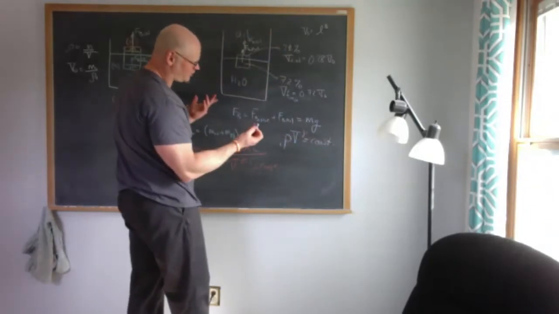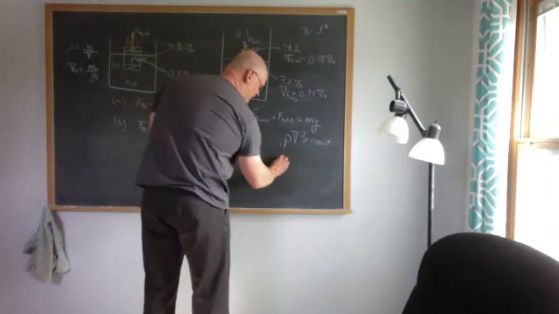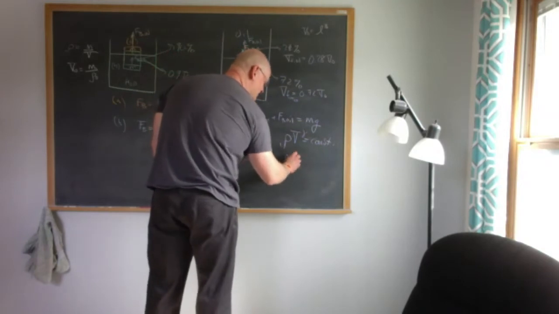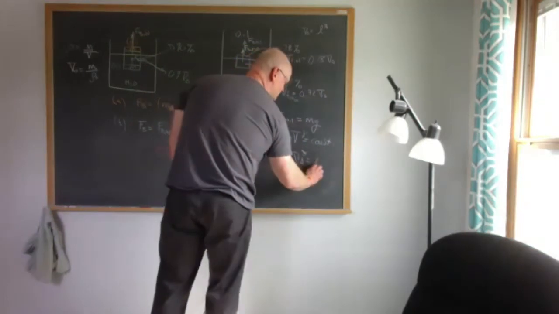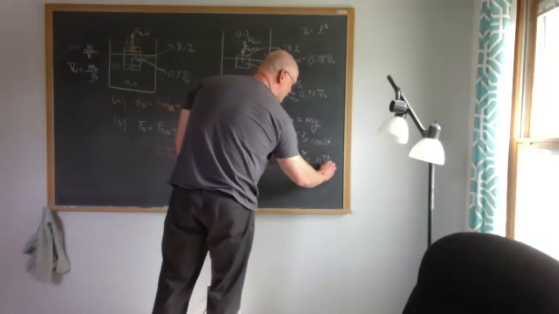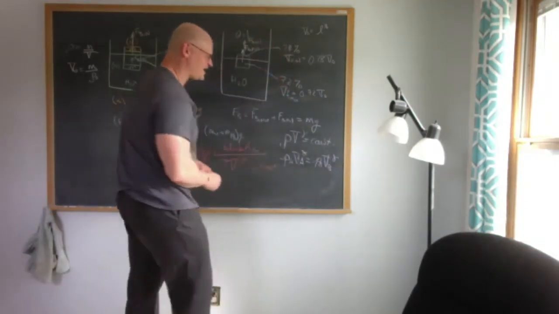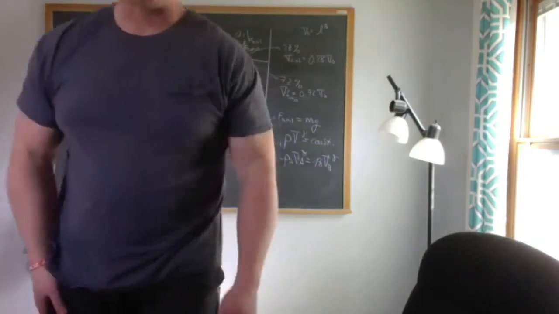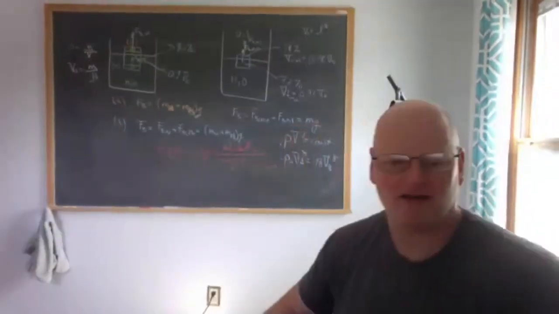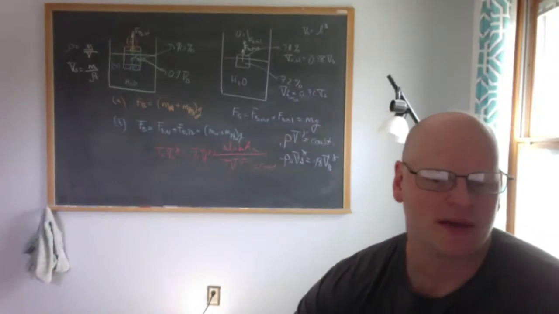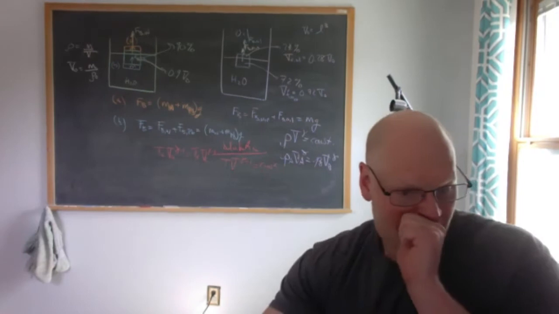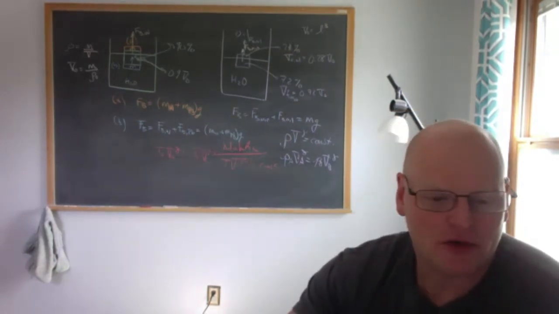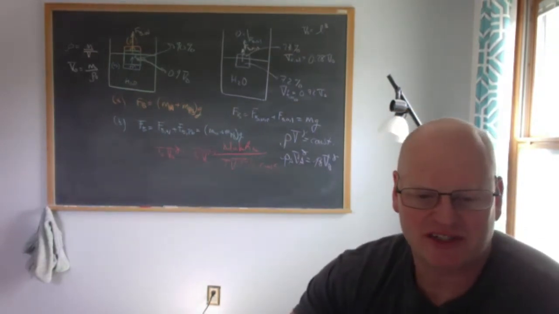So since you know basically all the different points, you can just say, for example, the pressure at A times the volume at A raised to the gamma must be equal to the pressure at B times the volume at B raised to the gamma. So in that case, you can solve for what gamma is by taking a natural log. Once you solve for gamma, that'll then tell you what type of gas it is.